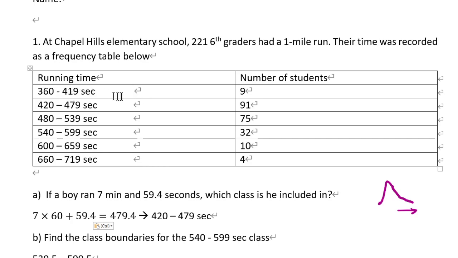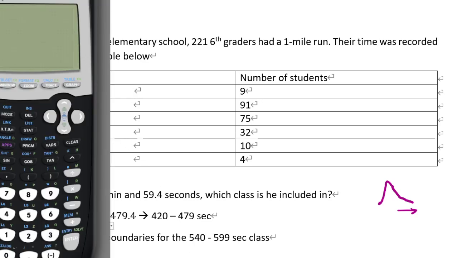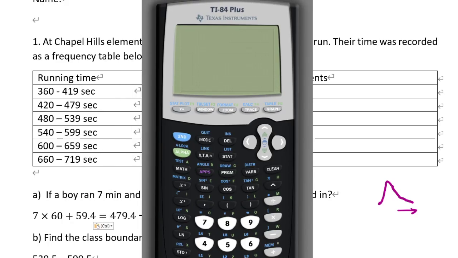So because we don't know what running times are actually included in this class, we don't know the 9 numbers, we're just going to say that all those are actually the midpoints of these 2 numbers. So you want to calculate the midpoint by adding these 2 and dividing by 2. Okay, so I'm going to use TI-84 calculator.